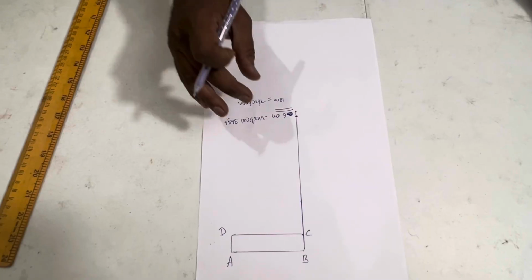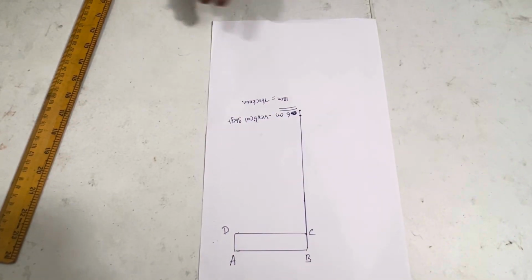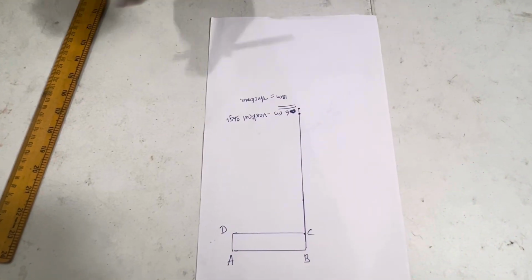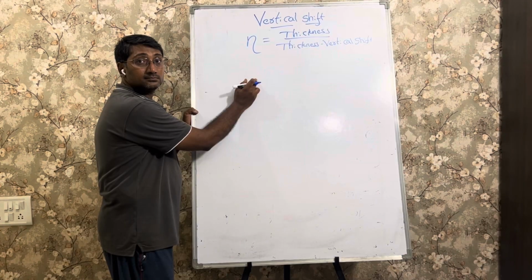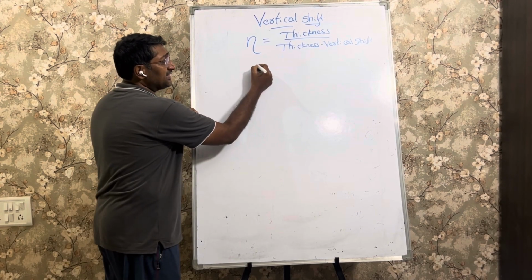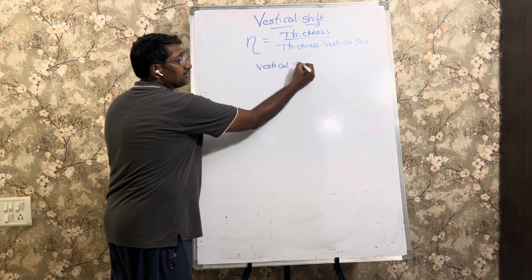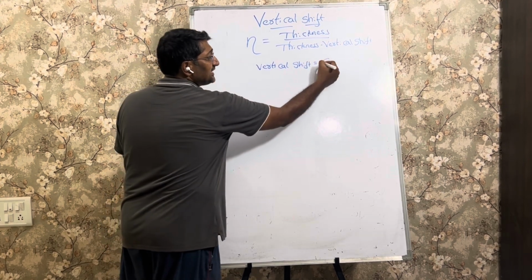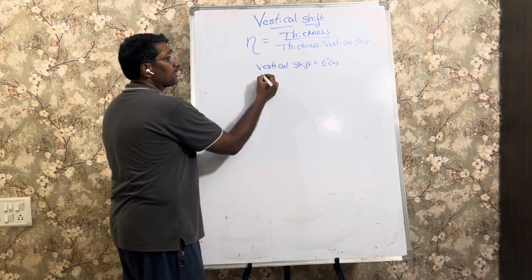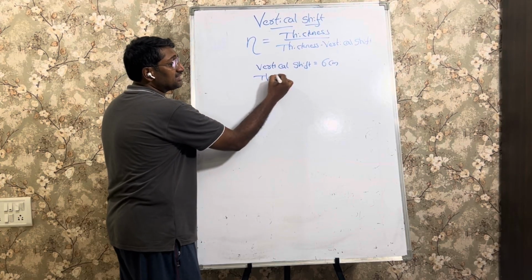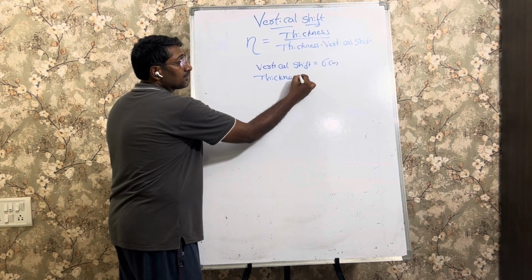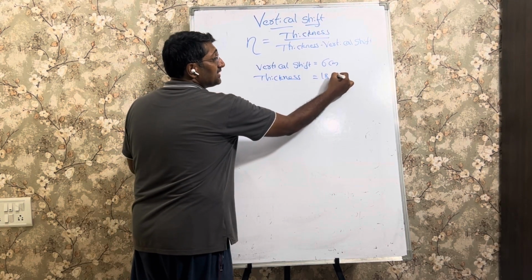Now let's substitute these numbers in our refractive index formula to close this topic. As we have just seen, vertical shift is 6 centimeters and glass slab thickness is 18 centimeters.